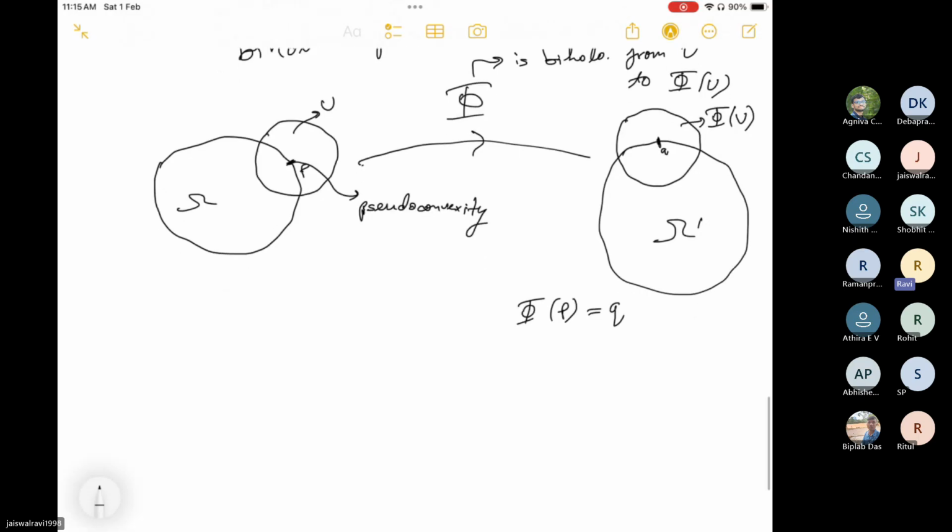So this was the conjecture. I will write the conjecture first.